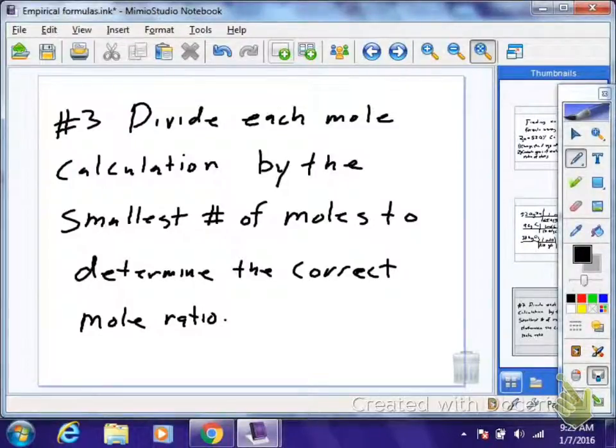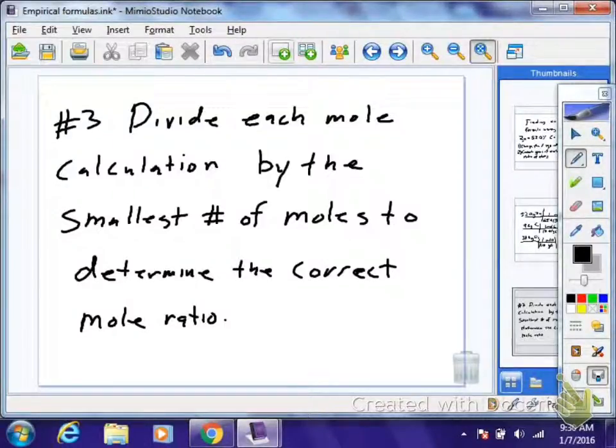So you've done that, correct? You should have gotten numbers that came out to be 1, 1, 3. It actually comes out to be 1.00, 1.01, and then 3.02. If you notice, those are basically whole numbers.